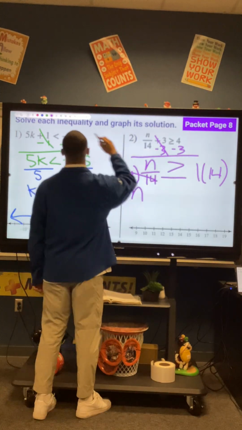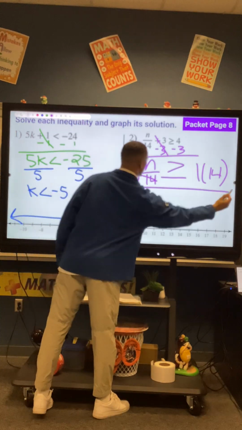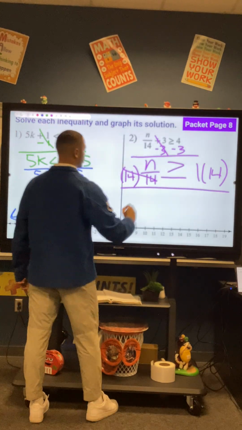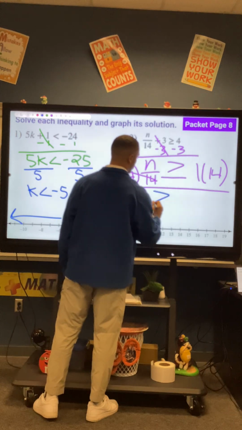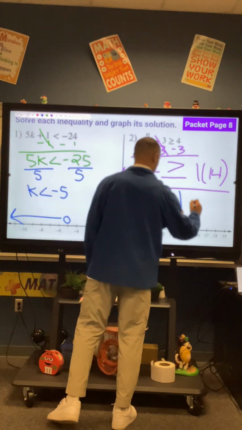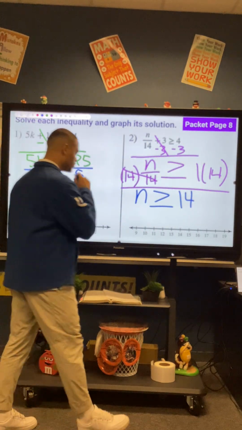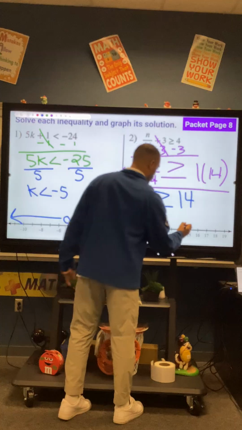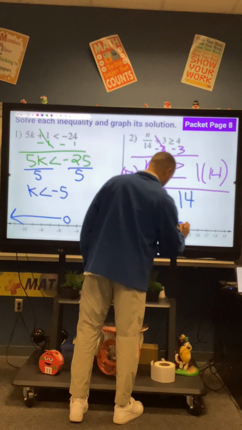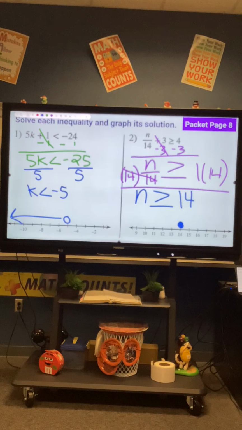Let me change my color. It's greater than or equal to 14 times 1 is going to be 14. So when I graph this on my number line, I'm going to go to 14. Closed circle this time because I have an or equal to in my inequality.